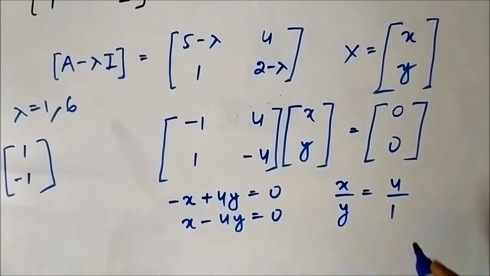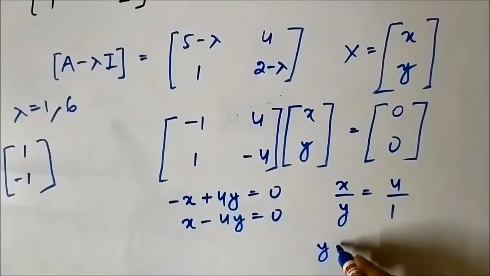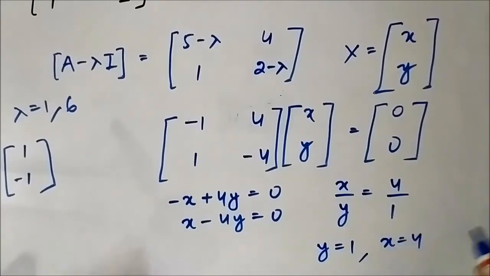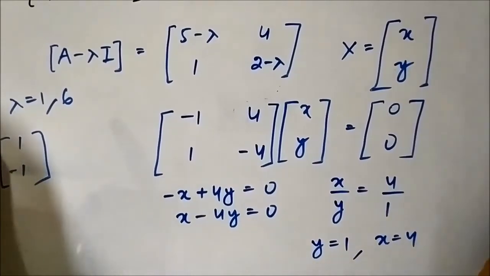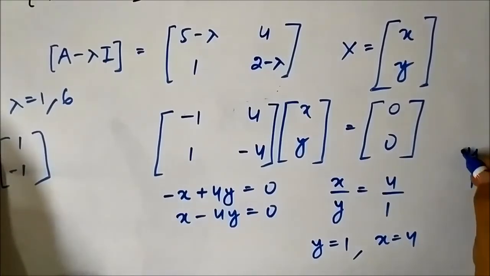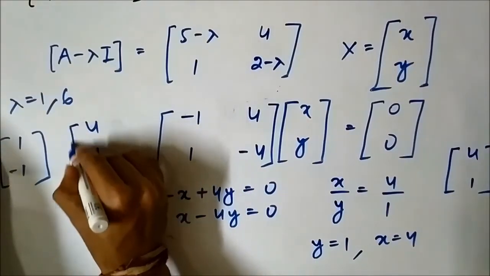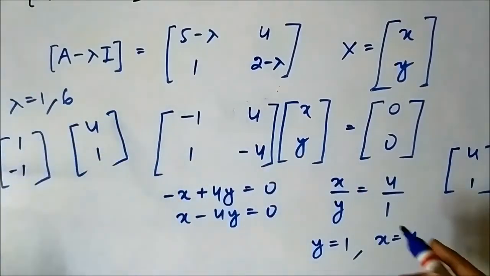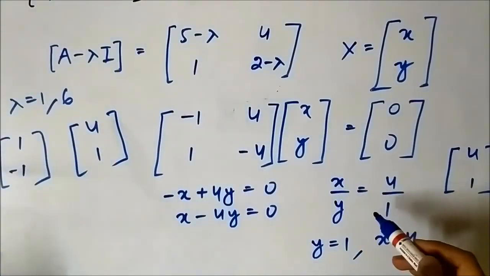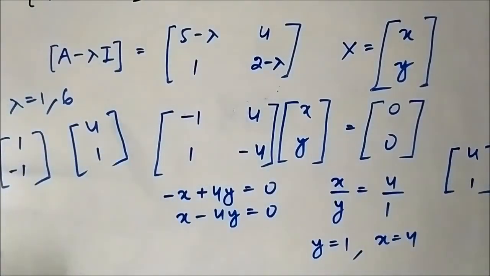So if y is equal to 1, then x is equal to 4. This is one eigenvector, 4 and 1. Similarly, if we put y as 4, then x will be 16.